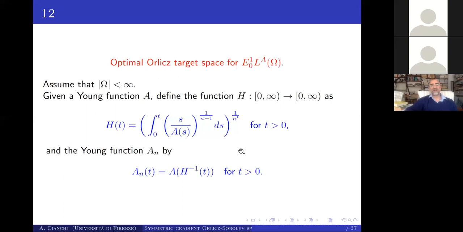However, in the definition of the Orlicz spaces, for instance, when omega is of finite measure, what is relevant is only the behavior of the Young function near infinity. So it's only necessary to know the asymptotics of this function H and H inverse. And in all practical situations, this can be easily evaluated, as you can imagine.